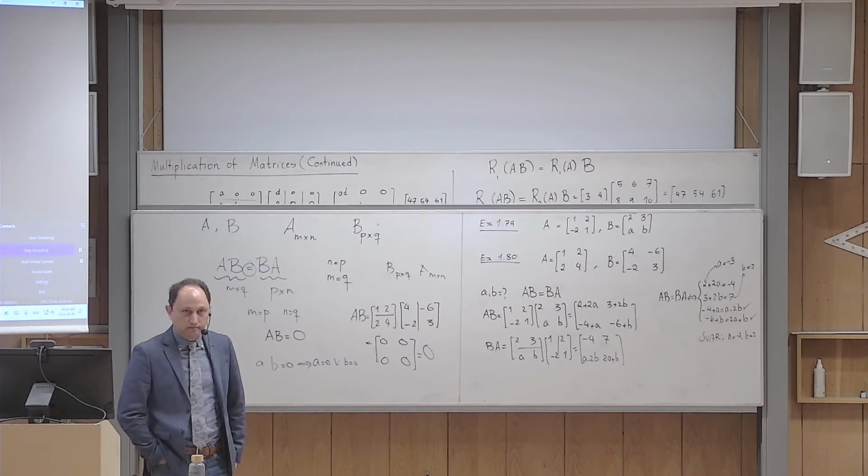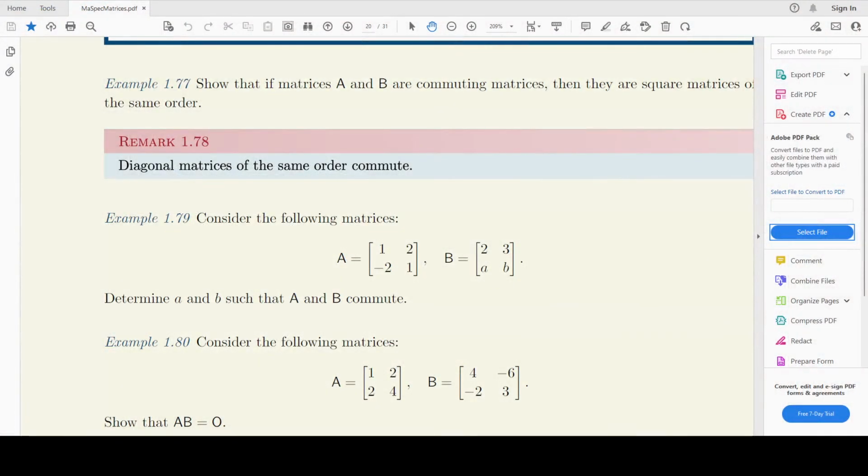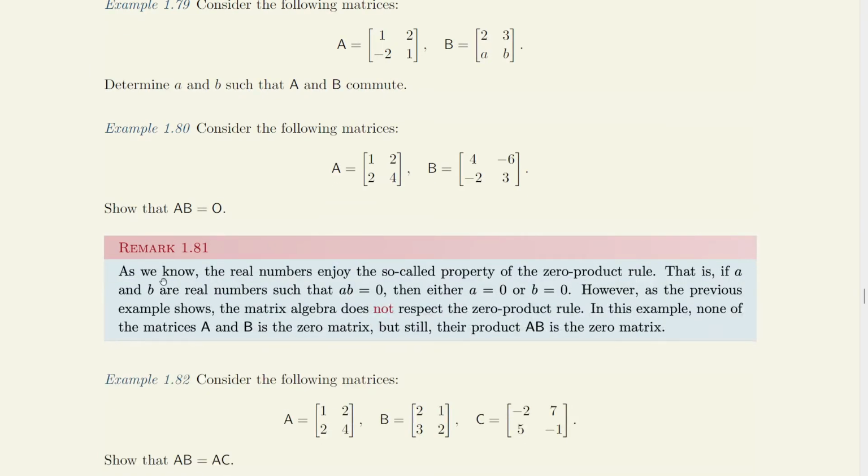Is that clear? Okay, so let us go now here. So that is the content. As we know, the real numbers enjoy the so-called zero product rule. This is the name I usually refer to it. That is, if A and B are real numbers such that AB is 0, then either A is 0 or B is 0.